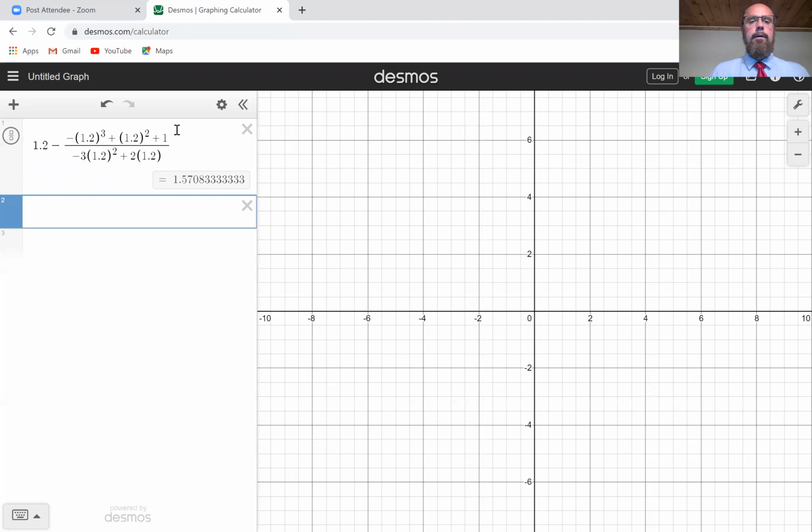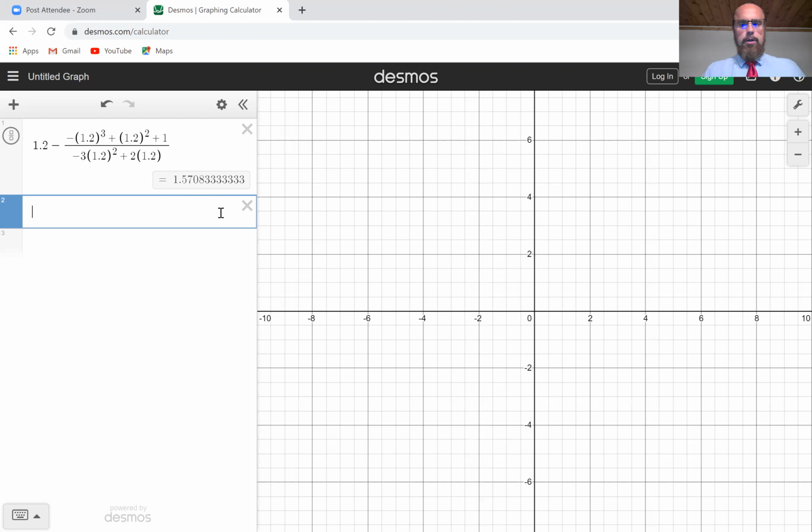And our value there is 1.5708333. It keeps going, so I want to take the first 7 decimal places.